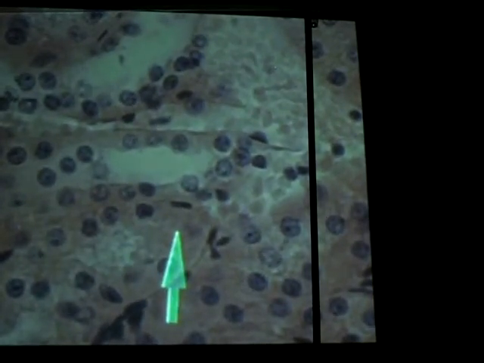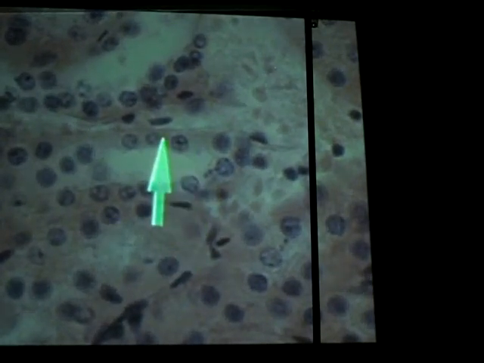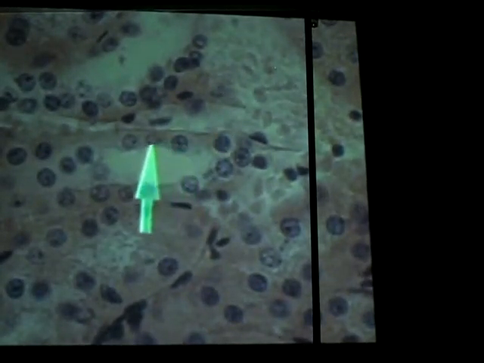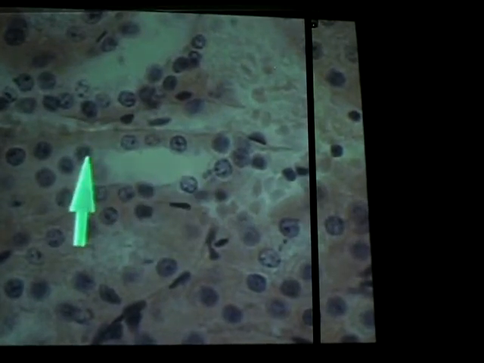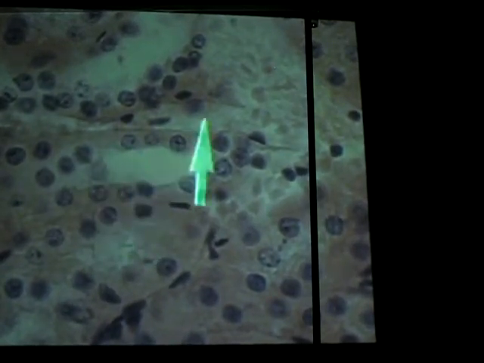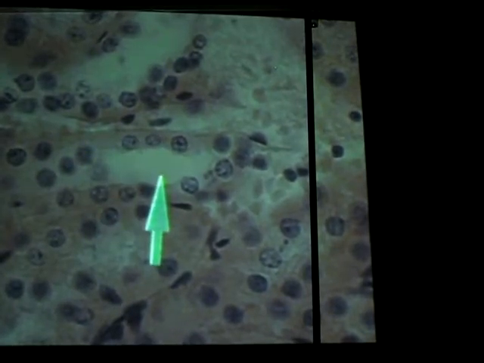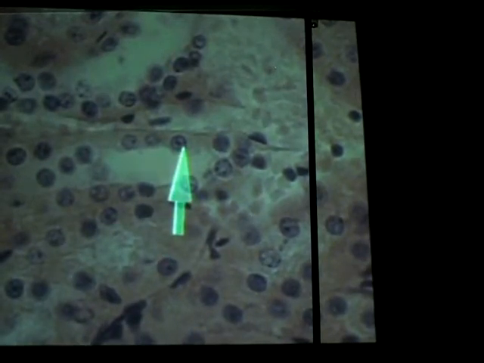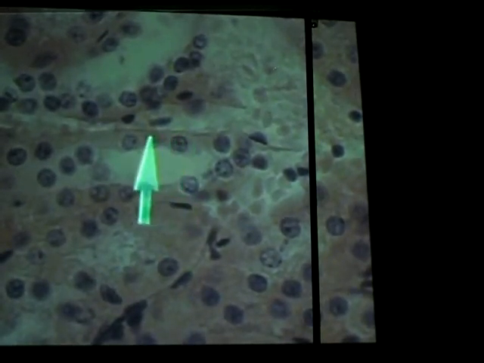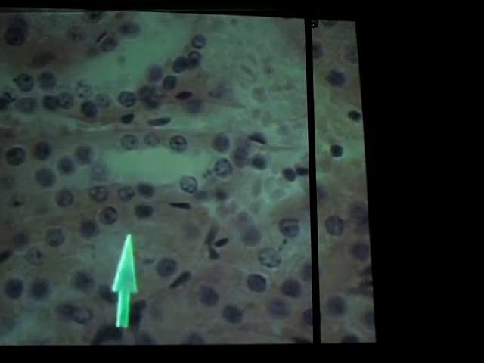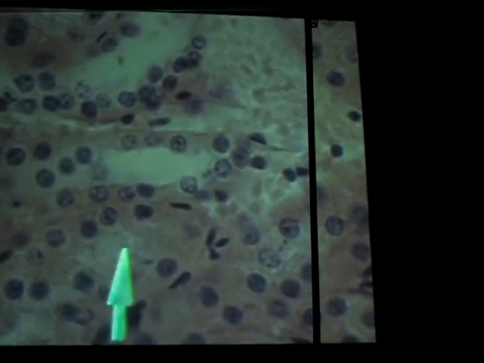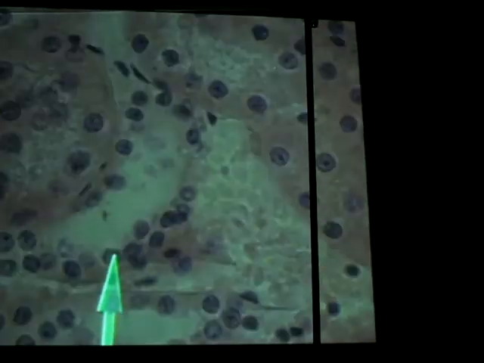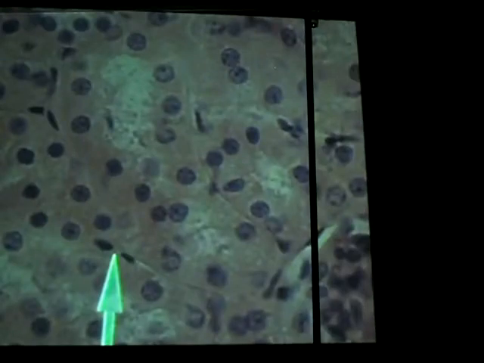The nuclei tend to be a little bit closer together in your distal tubule because the cells are smaller. You're not going to see the brush border in the distal tubule, and you're not going to see all that stuff within the lumen. The lumen tends to be a little bit wider. So you have a very clear lumen, smaller cells, and nuclei a little bit closer together. Whereas with the proximal, you have larger cells, stuff in the lumen, and a lumen that's not as wide or as clear as in your distal tubules.